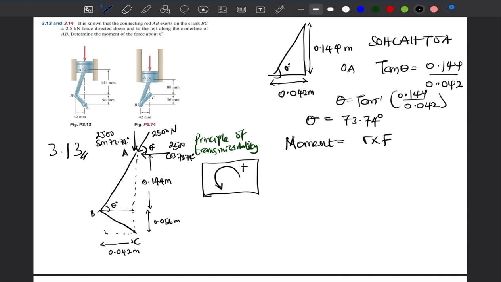For the vertical component, we need to determine whether it is going to be positive or negative. So for the vertical component, if we have C, let me draw that again.